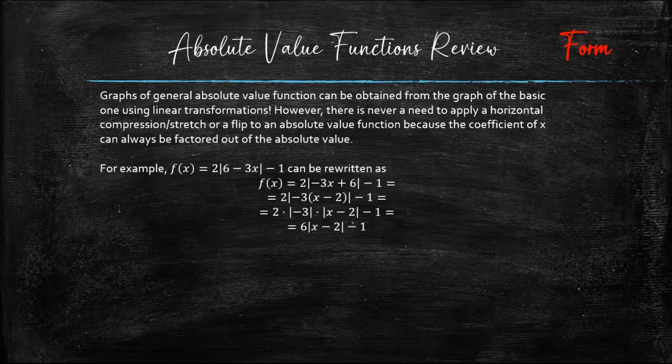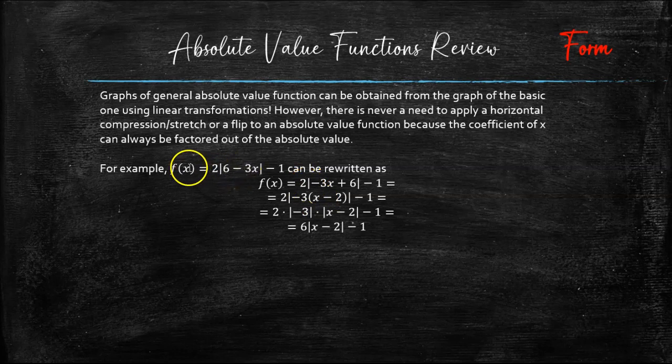Now, it's also important to remember that all other graphs can be produced by using linear transformations. However, you will never have to apply a horizontal compression or a horizontal flip because of the property of the absolute value that allows us, as shown in this example, to factor out anything negative and any positive number out of the absolute value.